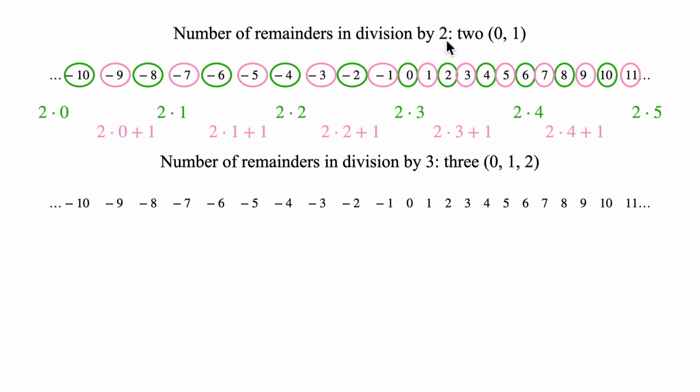And if you wonder why I'm interested in divisibility by 2 and by 3, my answer is, well, because I have to prove divisibility by 6. And 6 is equal to 2 times 3. So 6 is the product of 2 and 3.